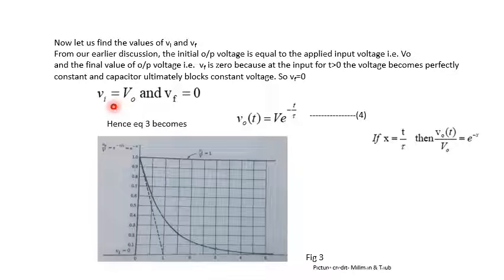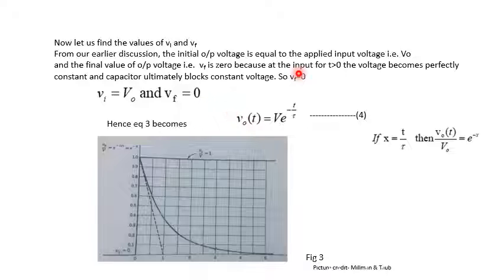We have discussed it earlier that at time t equal to 0, the output voltage is equal to the maximum applied voltage at the input, and we have to see what is the final value of output voltage.